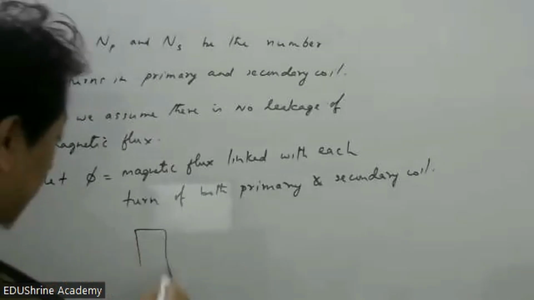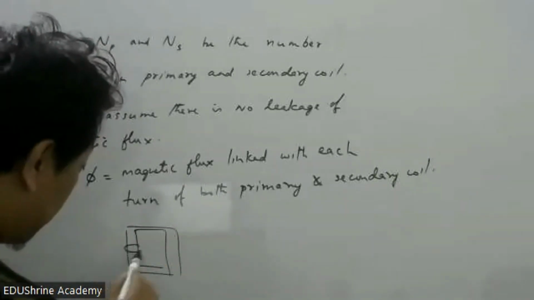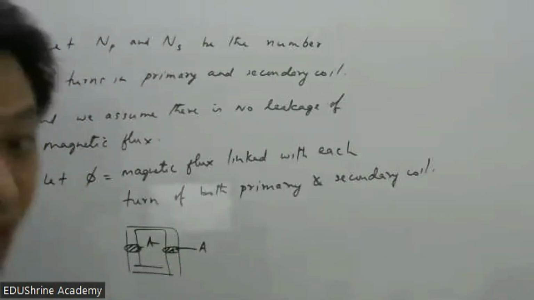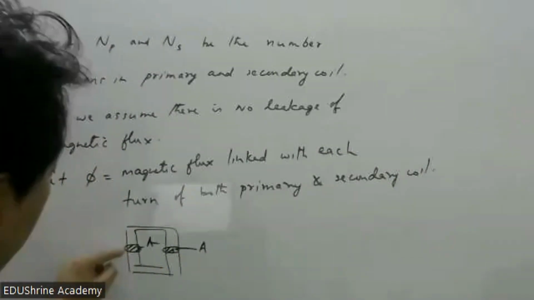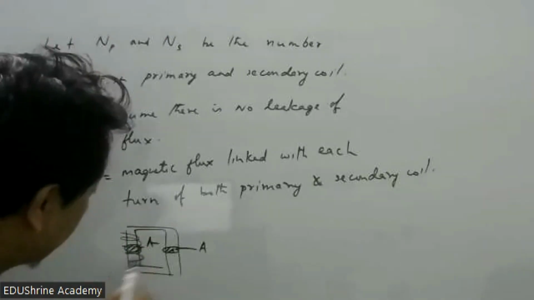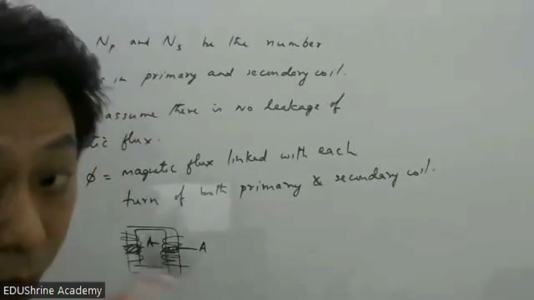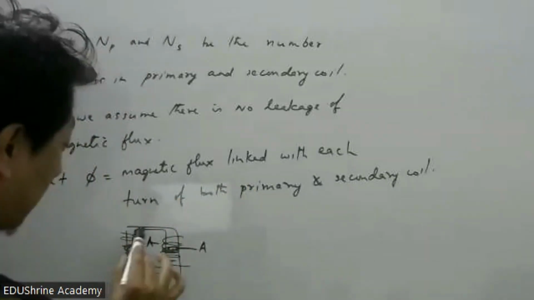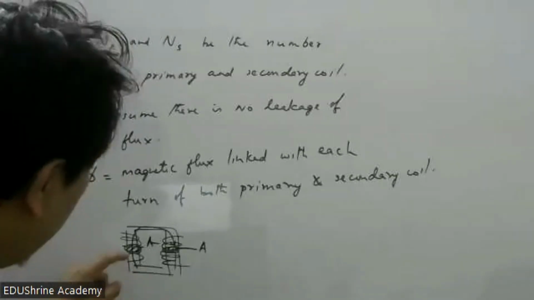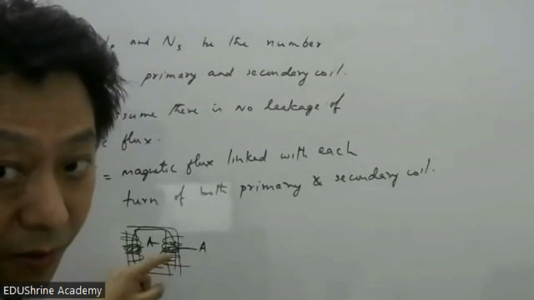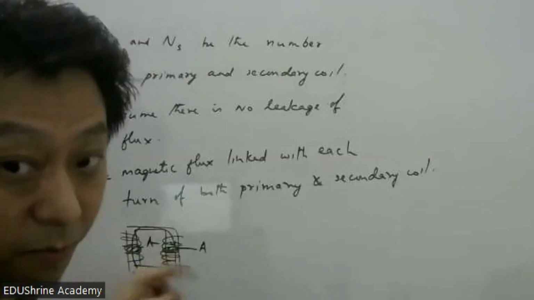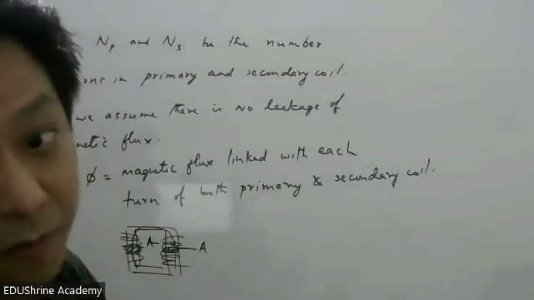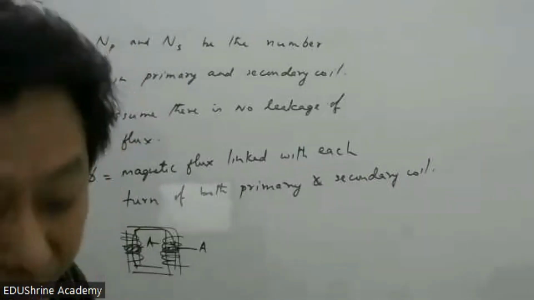Because if you remember, this area here and this area here will be same. Yes or no, students? Quickly. Primary, these are turns, no, like this. So if you take one turn here, area will be same. And if I assume same magnetic field is going here also, so B here and B here is also same. So B is same, A is same, B into A, which is magnetic flux through one turn, that also will be same. Clear or not clear? Quickly.